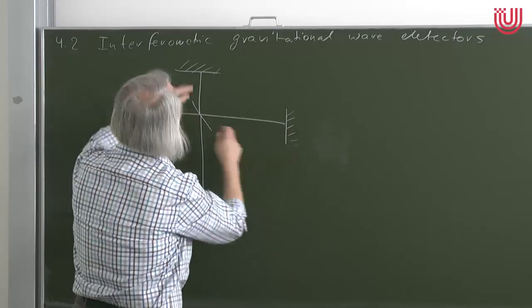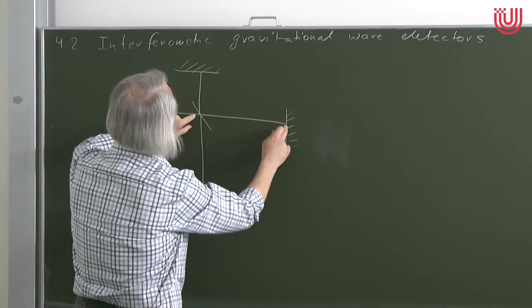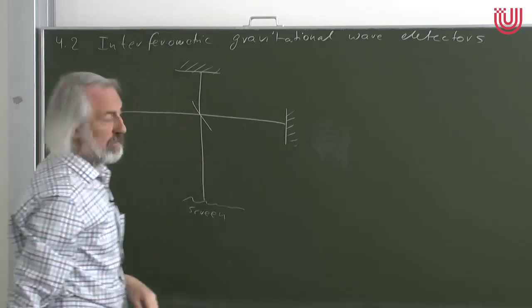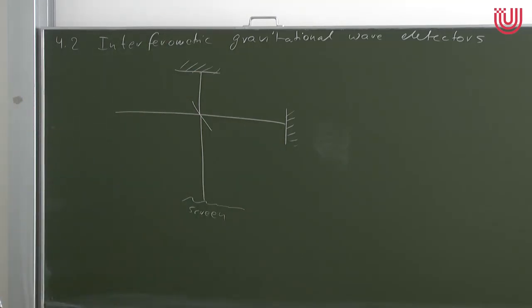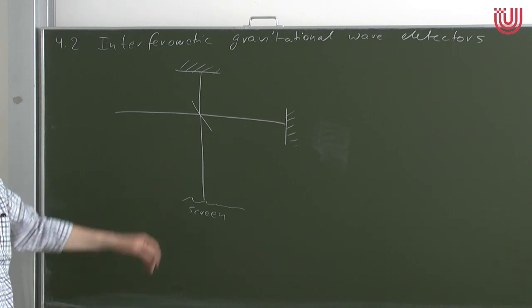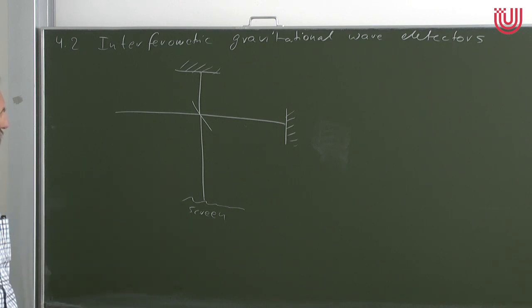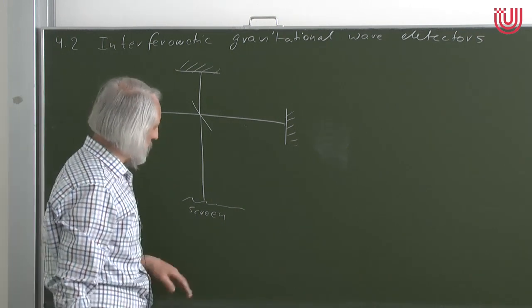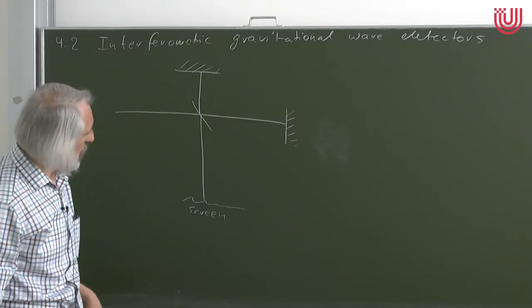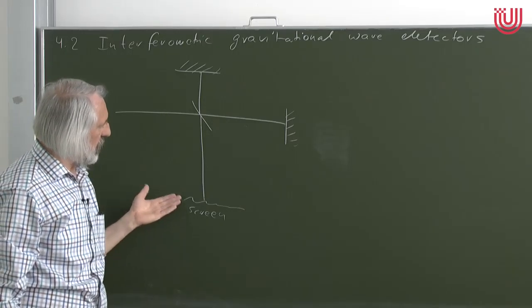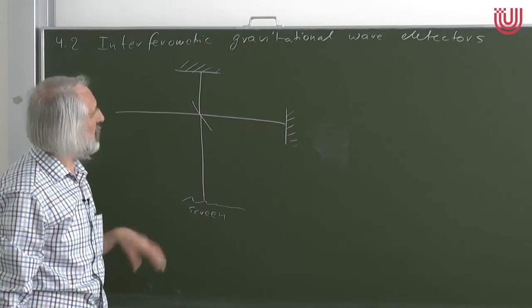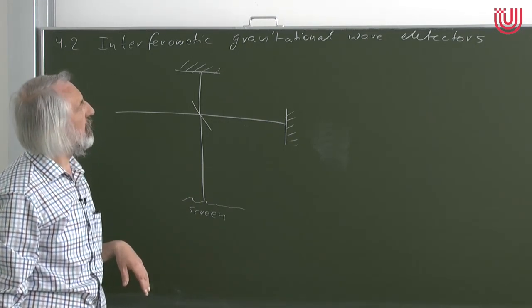This distance would become bigger, this smaller, and then half a phase later, this distance would become smaller and this would become bigger. And this would be visible as a change in the interference pattern. That's the basic idea. We will calculate in a minute what kind of phase shift is produced by a gravitational wave, and you will see that the amplitudes which can be measured in this way could be surprisingly small.